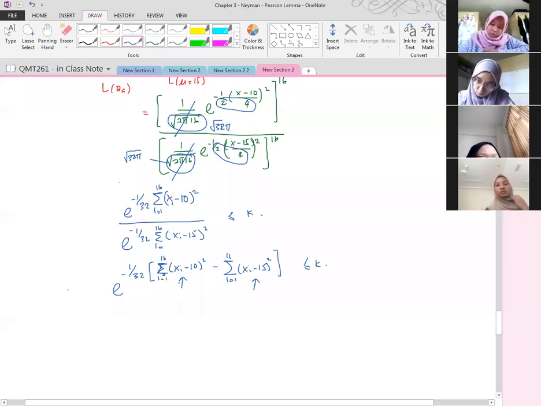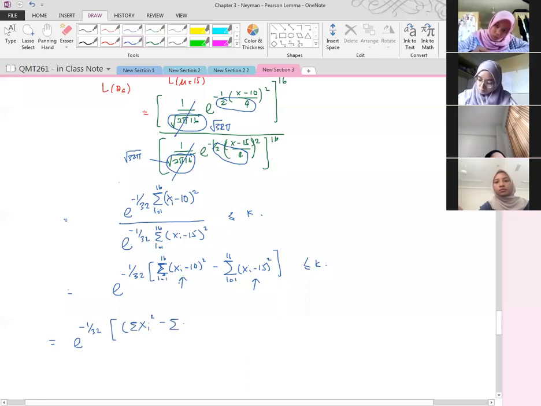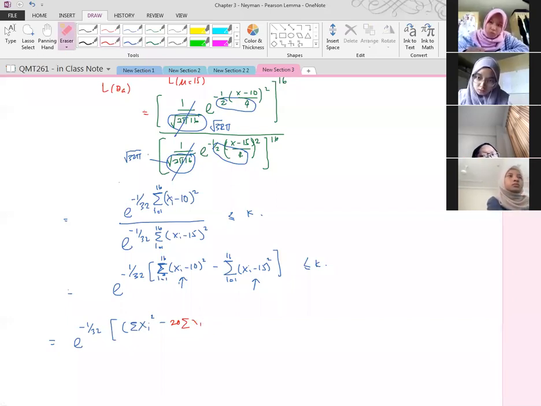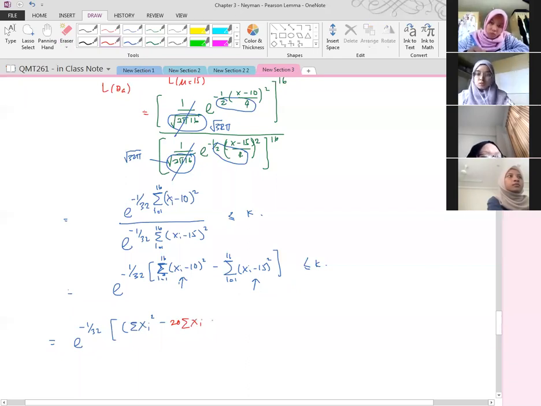If you expand the square, it becomes exponential negative 1 over 32, and then this is a summation of xi squared minus summation of 20, because 10 multiplied with 2 is 20, xi, and plus summation of 10 to the power of 2.